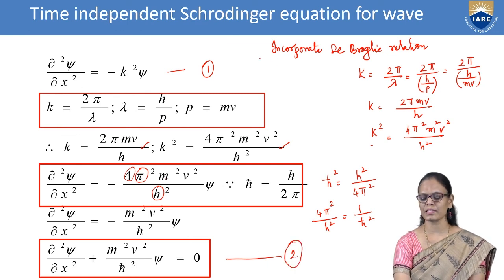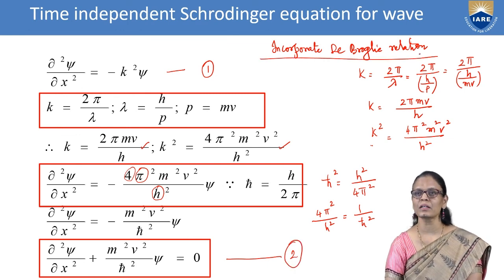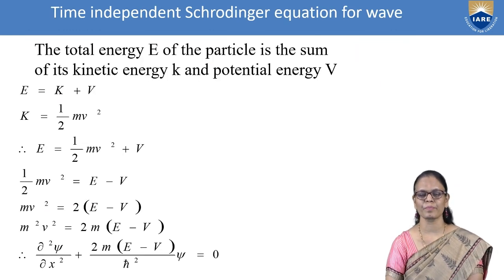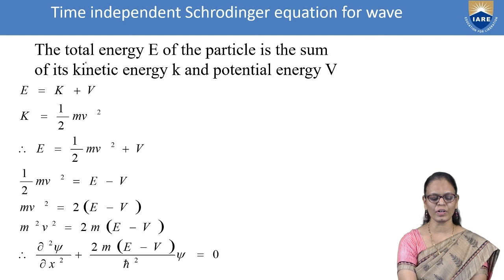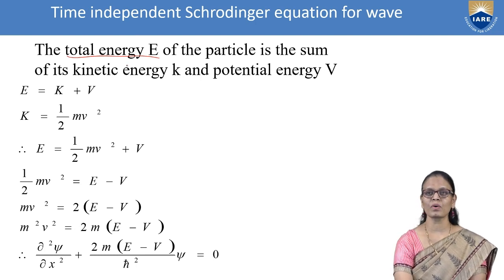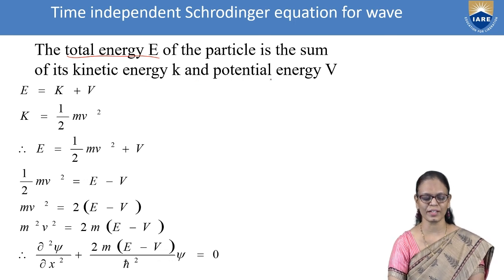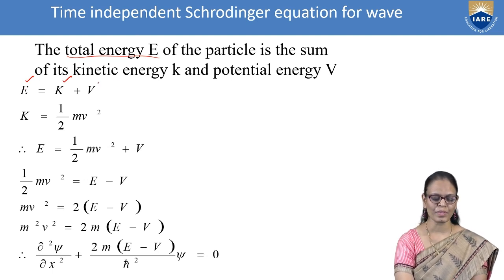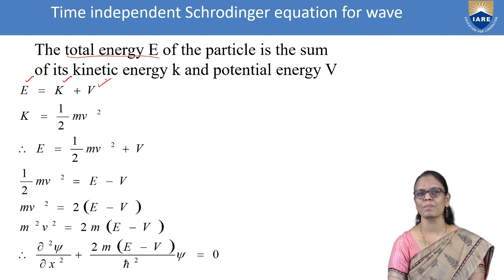So in the second step, we have incorporated the de Broglie relation. Now, the third step. In the third step, what we are going to see here is the conservation of energy. The third step is to see that the energy is conserved throughout. So the total energy is the sum of kinetic energy and the potential energy. Here E represents the total energy, K is the kinetic energy, and V is the potential energy.